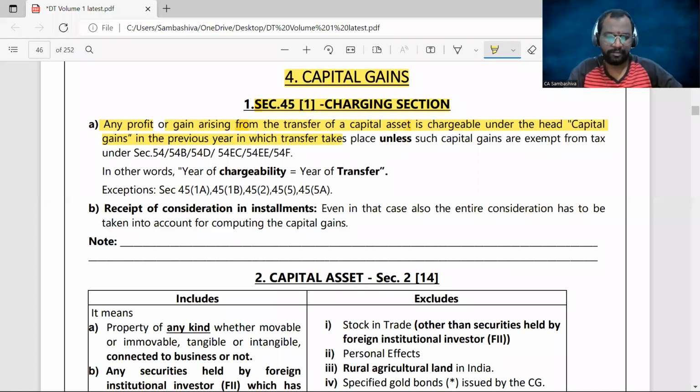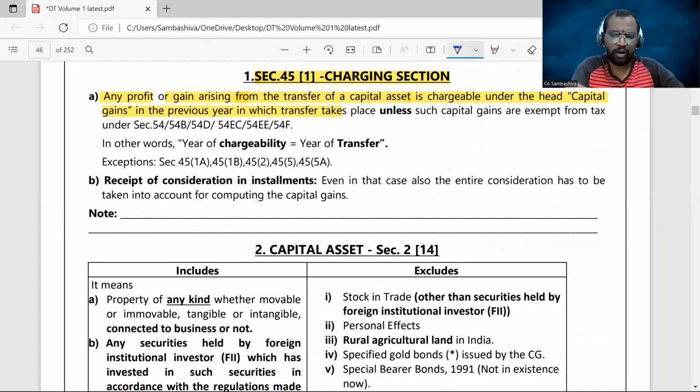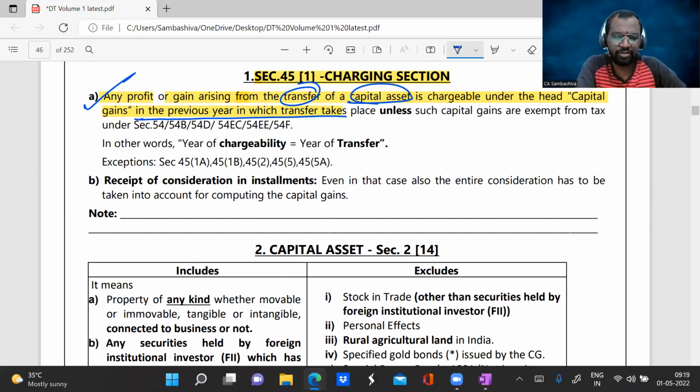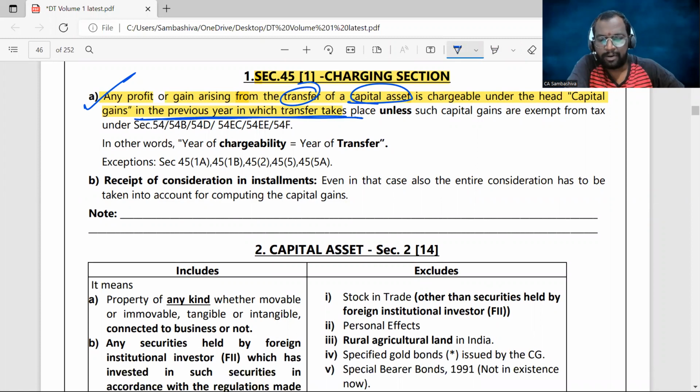So look here. We are done with point number one. Point A: any profits or gains arising on transfer of a capital asset are chargeable under capital gains tax in the previous year in which transfer takes place, unless such capital gains are exempted. The circumstances under which capital gains are exempted we are going to discuss under section 54.